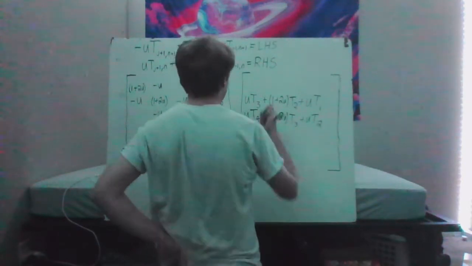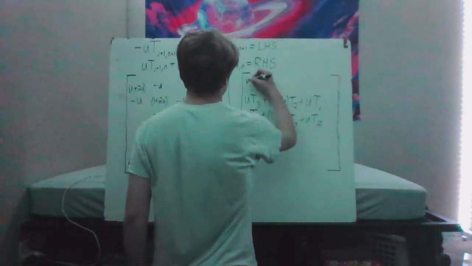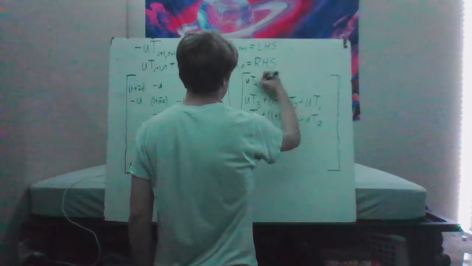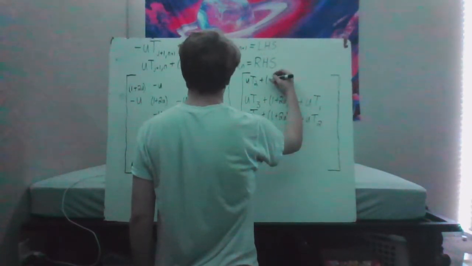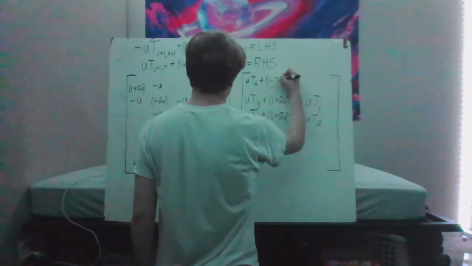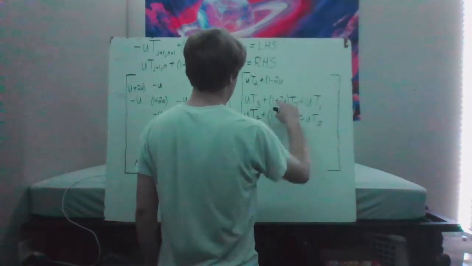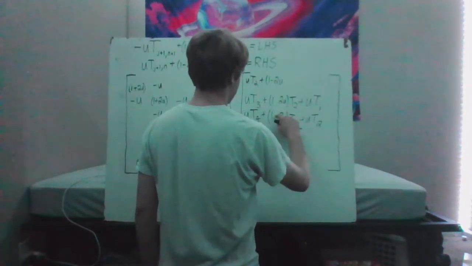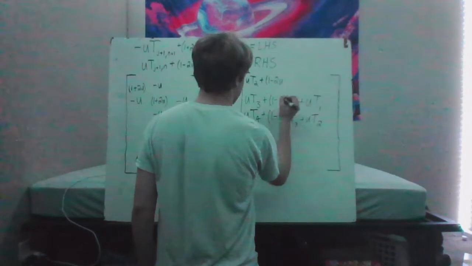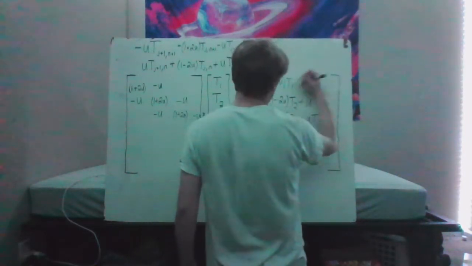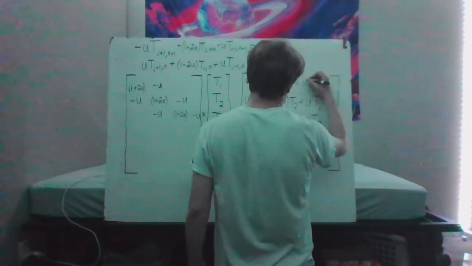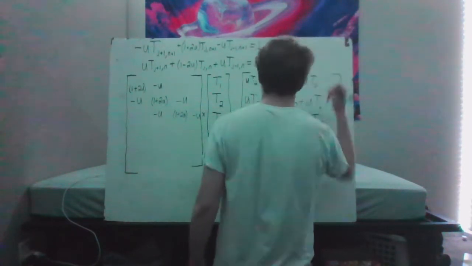So if we were to write these for T1 and Tn minus 1 normally, we would end up with u T2 plus 1 minus 2u. Again, these should be minus as well. Did not notice that I messed that up in the last part. And then T1, and then plus u T0.